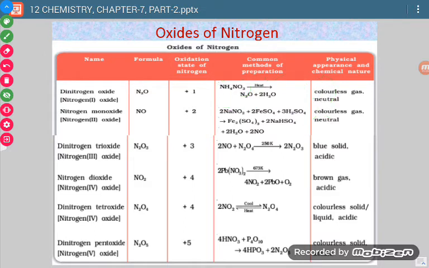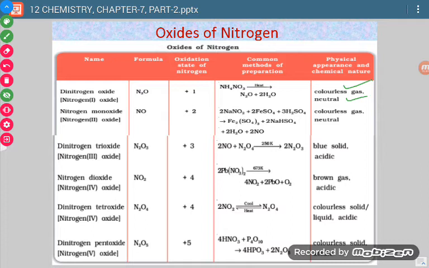It is a colorless gas, it is neutral in nature. Just like you studied earlier, oxides are of 3 types: acidic oxides, basic oxides and amphoteric oxides. 2 more types are also there: neutral oxides and mixed oxides. So the nature of this oxide is neutral, okay.